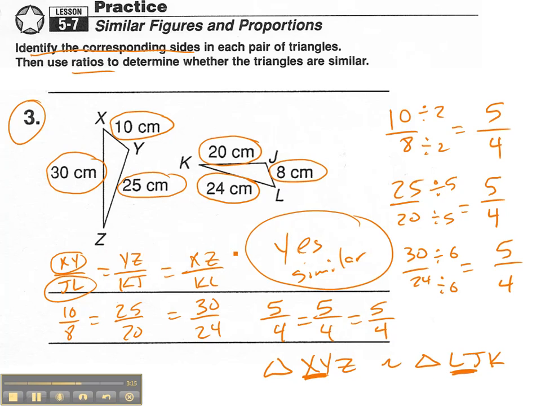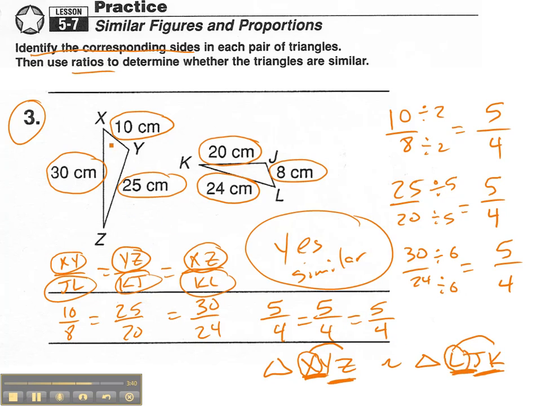For this last ratio, XZ, the first and last letters of the first triangle, correspond to KL, the first and last letters of this other triangle. And YZ, the final two letters, correspond to KJ, the last two letters in this statement. The similarity statement also indicates which angles are congruent.